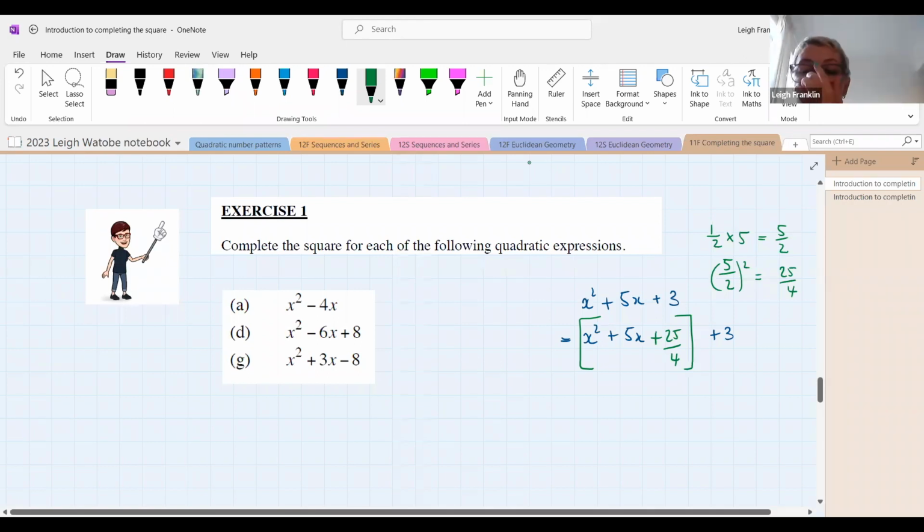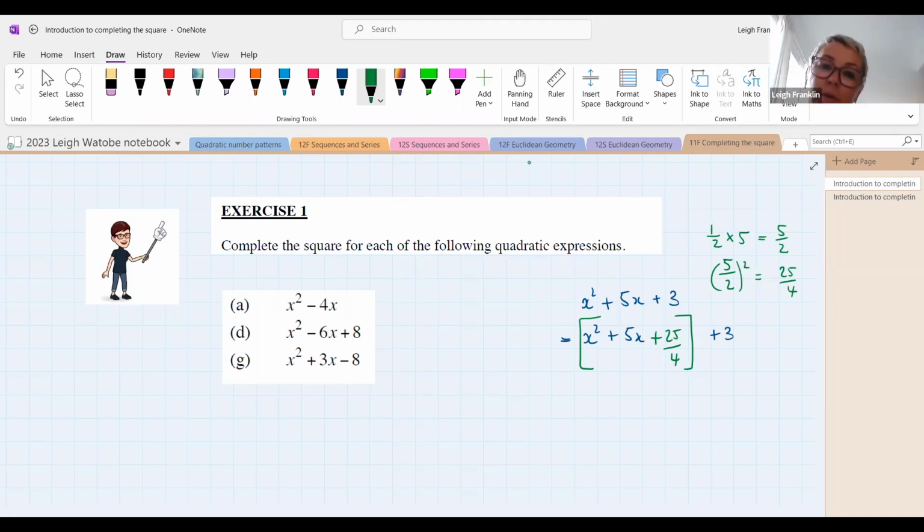So you're not allowed to just add 25/4 into an expression, because now I've changed the value of the expression by adding 25/4. So in order to balance out what I'm doing, I have to take 25/4 away as well on the same line. So what was in the green brackets now becomes a perfect square trinomial.